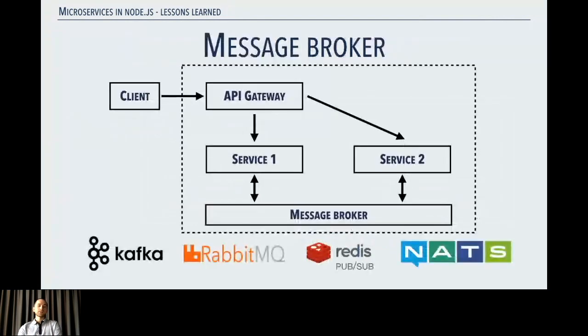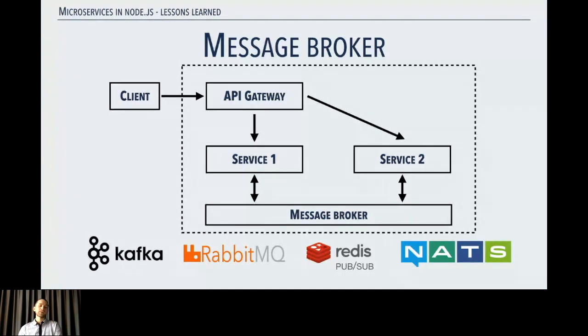Another possibility is to use a message broker. A message broker is a quite different approach in which our services communicate using that message broker. They are sending messages there and getting messages from there.